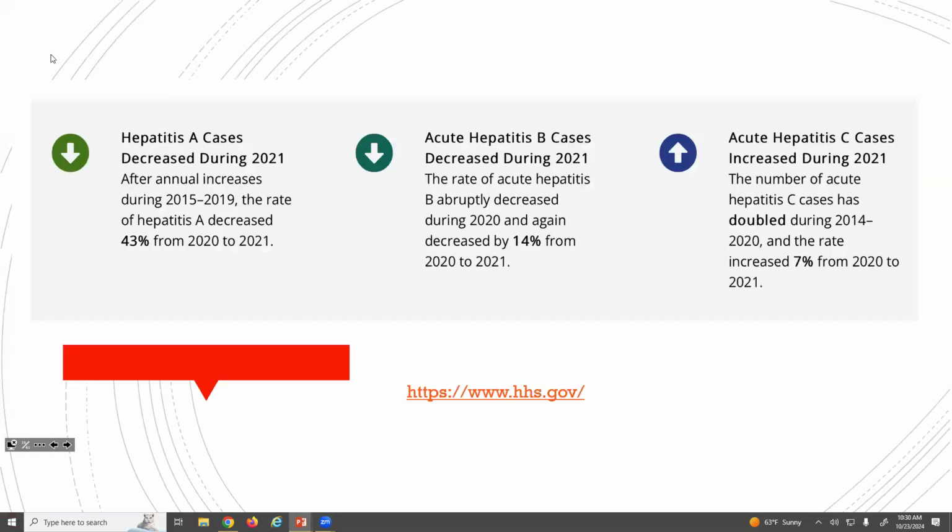Hepatitis A cases decreased during 2021. Your hepatitis B cases decreased during 2021, but hepatitis C were more on the rise at that time. You can look at this link and see some more statistics there as well.